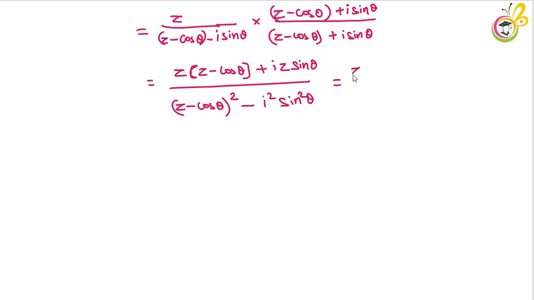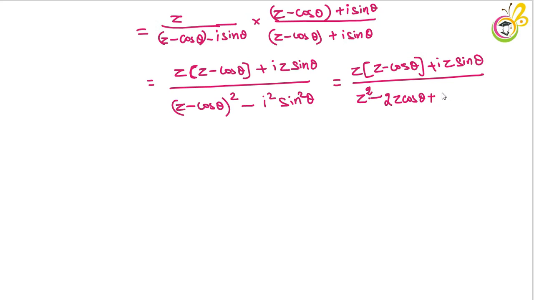And for this, it is i square, no? That i square value is what? It is minus 1. So substitute here in the denominator, and also expand z minus cos theta the whole square. It is z square minus 2z cos theta plus cos square theta, plus i square value is minus 1, so minus into minus is plus sin square theta.